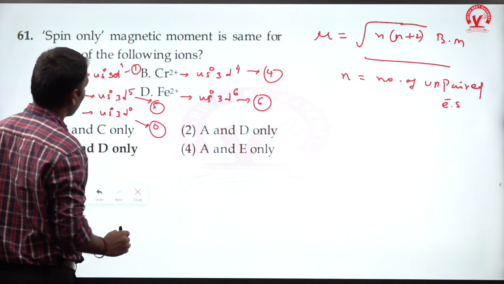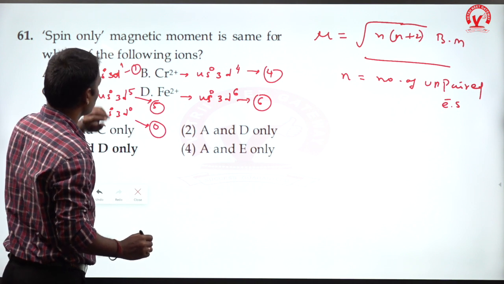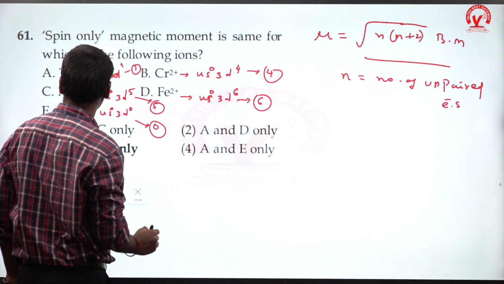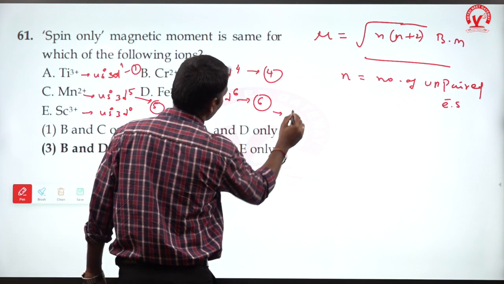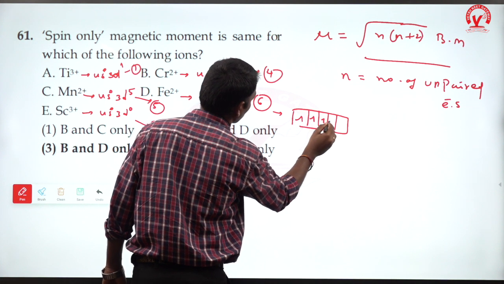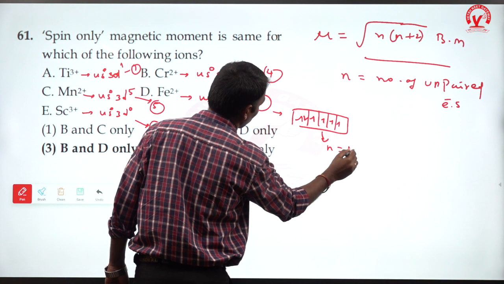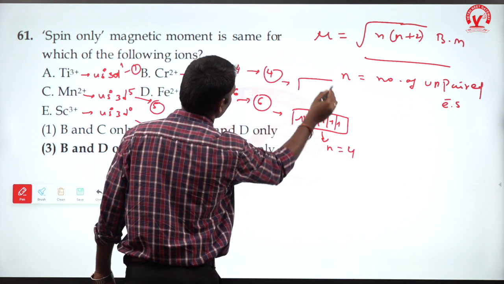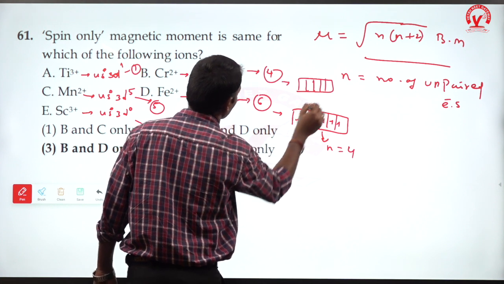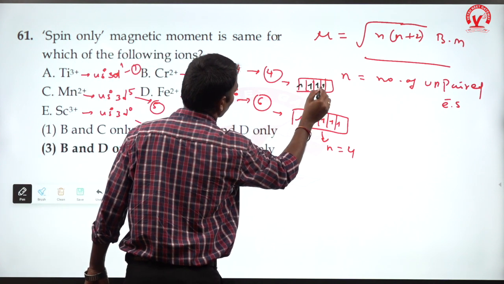So according to our answer, D6, Fe2+, we have to take Fe2+. So we have to fill electrons like this: 1, 2, 3, 4, 5, 6. That means unpaired electrons, n is equal to 4 here. Here if you fill electrons, 1, 2, 3, 4 unpaired electrons.